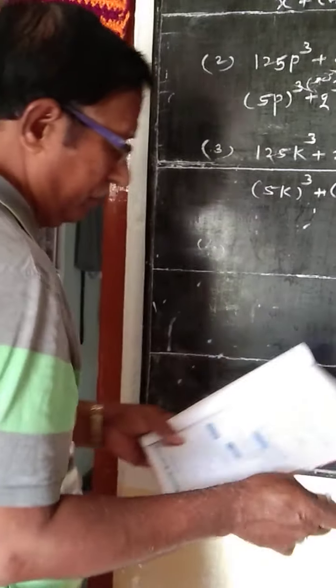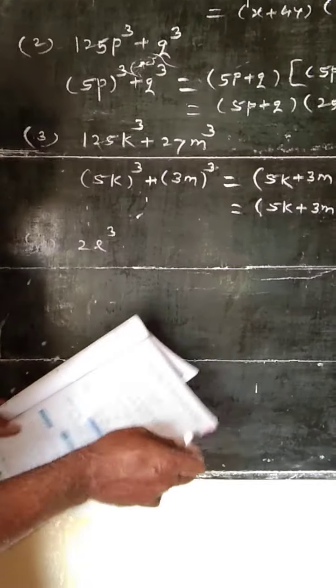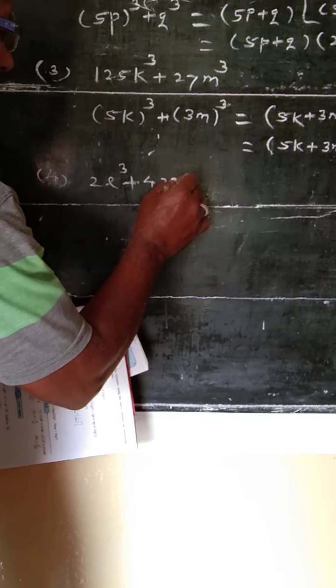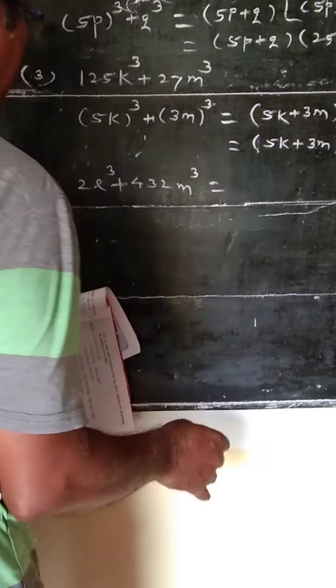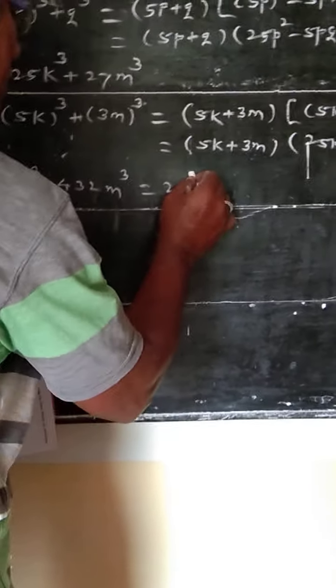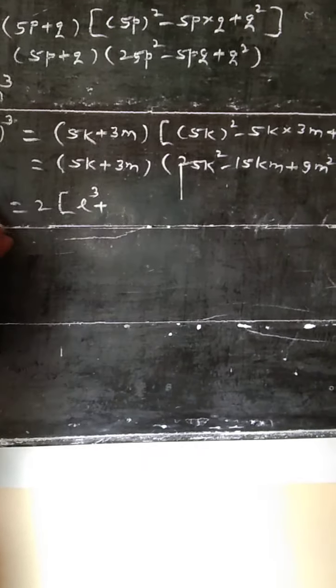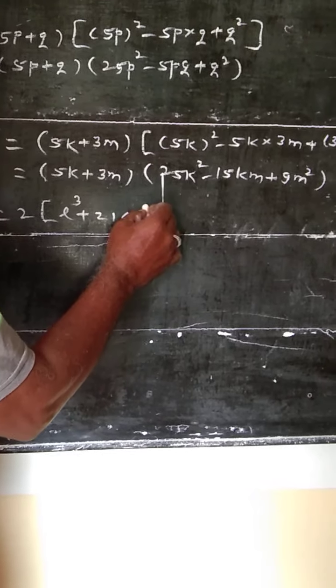Fourth one is 2l cube plus 432m cube. Take 2 common, in square bracket l cube plus, 2 twos are 4, 2 ones are 2, 2 sixes are 12, so 216m cube.